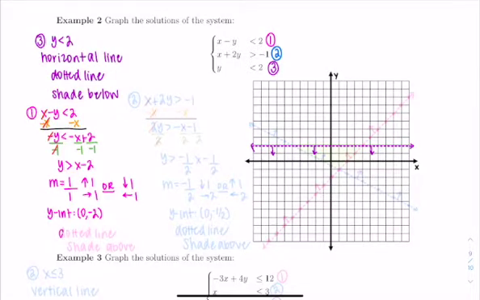This is also going to be a dotted line, but we're going to shade above because it's y is greater than. So let's go ahead and plot this one. Our y-intercept is (0, negative 2), and we have a slope of 1 over 1.